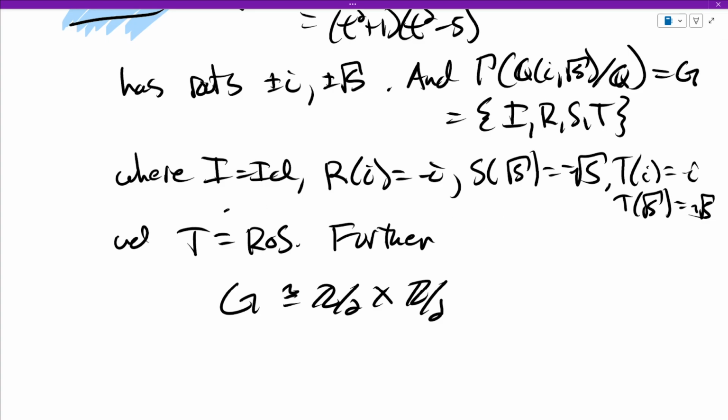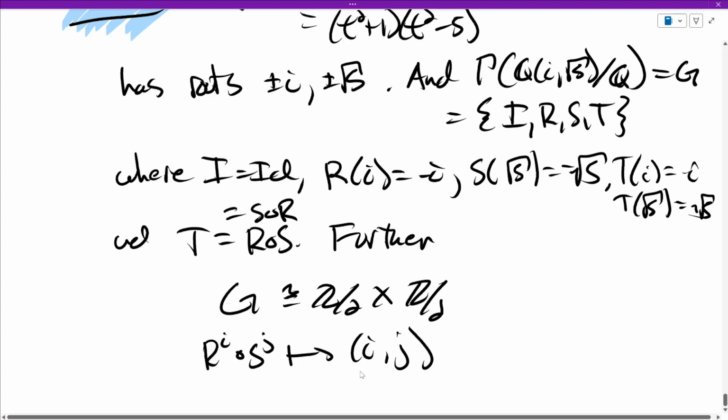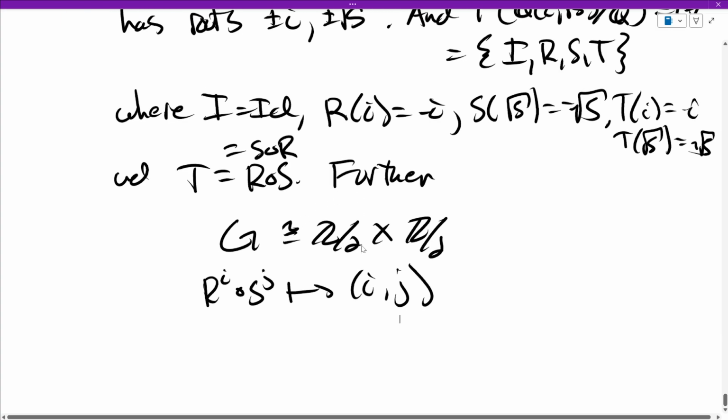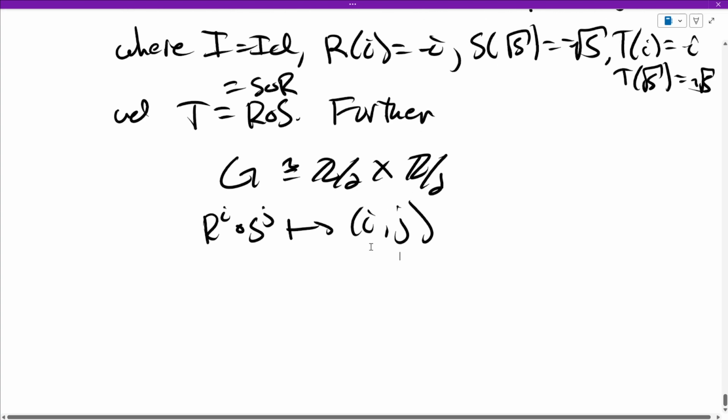And R composed S is actually the same as S composed R. They commute with each other. Okay? So this is take your powers of R and S that you have and send them to i and j. Since they're order 2, this is going to be just fine. It's a well-defined isomorphism.